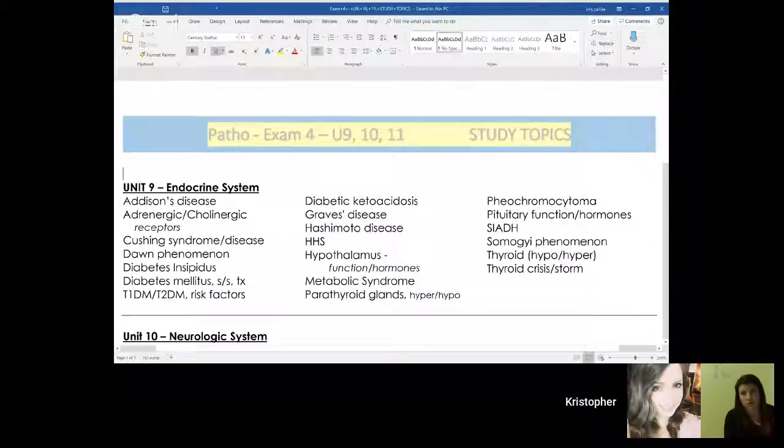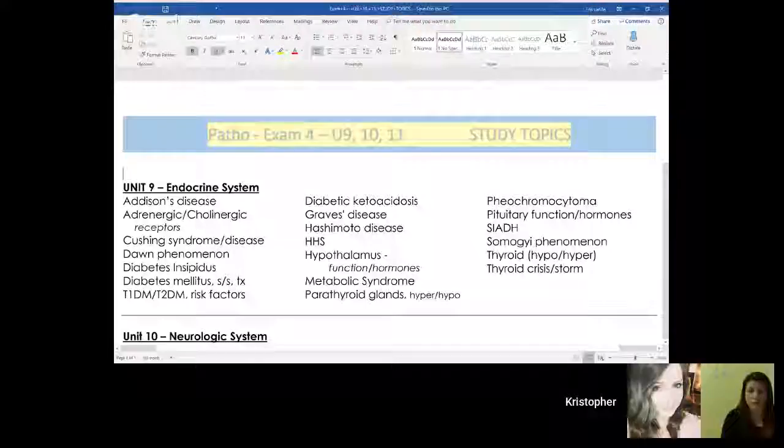The cells have stopped accepting any glucose as fuel. There's no glucose being used as fuel at that point. But with HHS, the cells have become resistant to it, but it doesn't mean that they've completely moved off of glucose as the primary source.